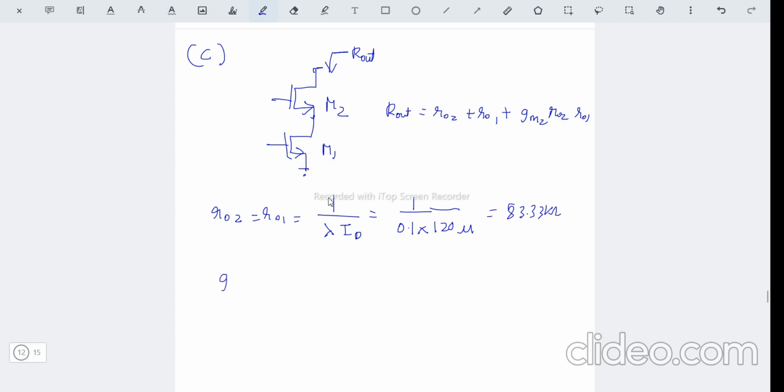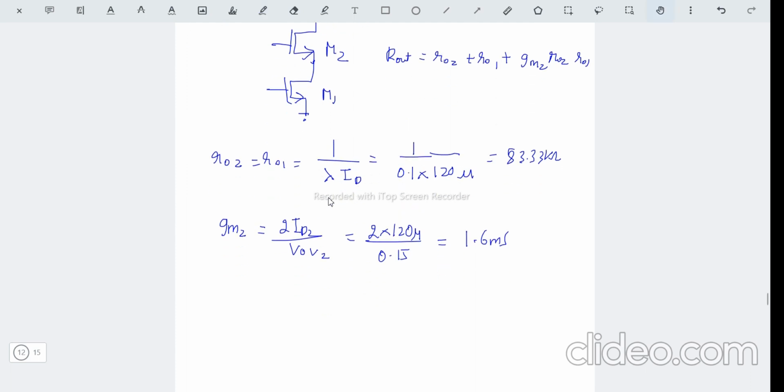Similarly, we have to evaluate gm2. gm2 is given by 2 times ID2 divided by VOV2. ID2 is 120 microamps again, and the overdrive voltage of MOSFET 2 is 0.25 volts. Altogether it comes to around 1.6 millisiemens.